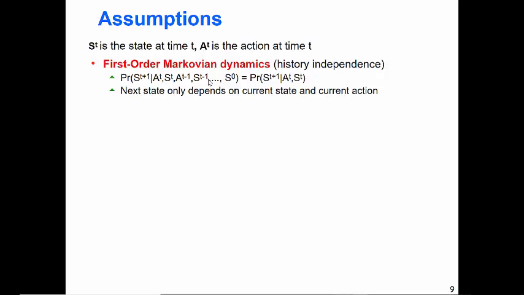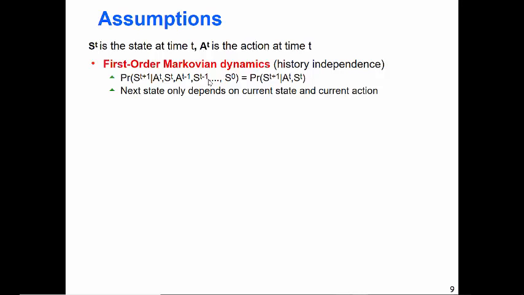And it turns out that you can always transform a third order or nth order Markov system to a first order system by increasing the states. You'll do that in a homework problem. And so that's another one of these equivalences. If you have a second order system, you can create a first order system, use your first order solver, and get a solution for the second order system.